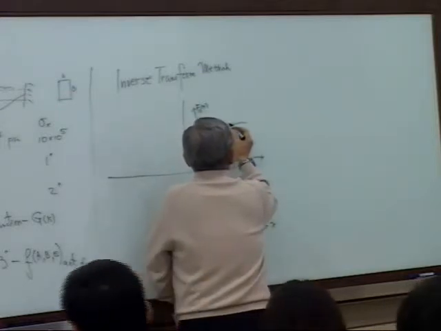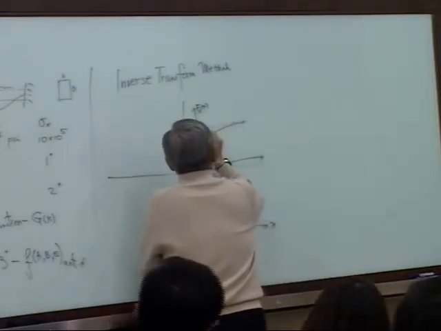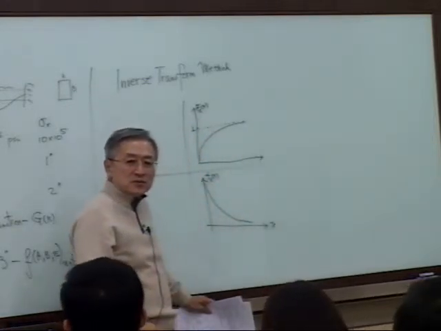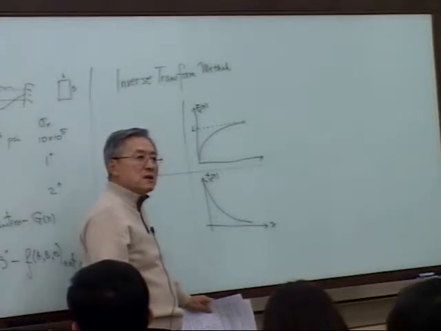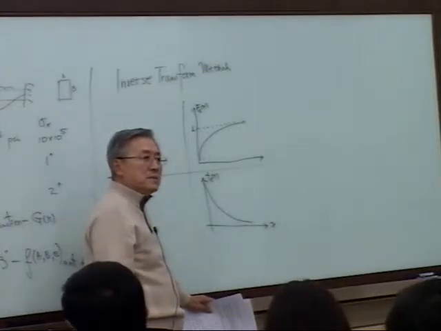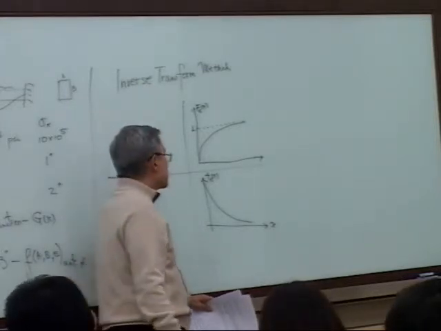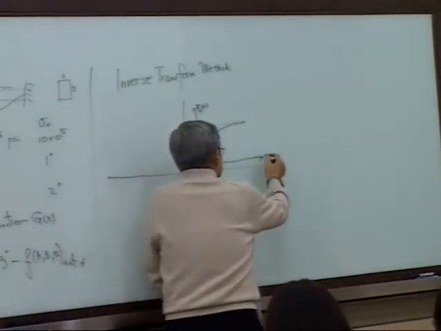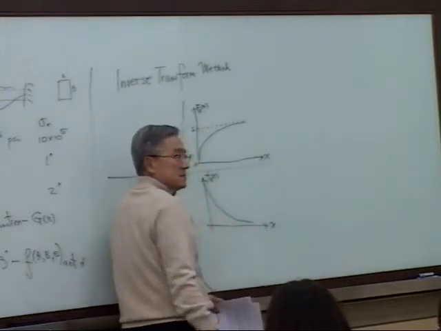This approaches what? It approaches 1. The range of the cumulative distribution function is always 0 to 1.